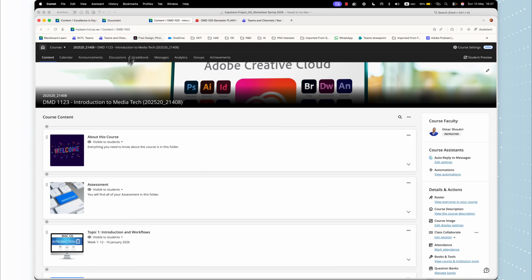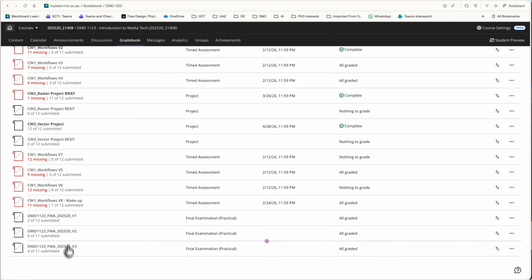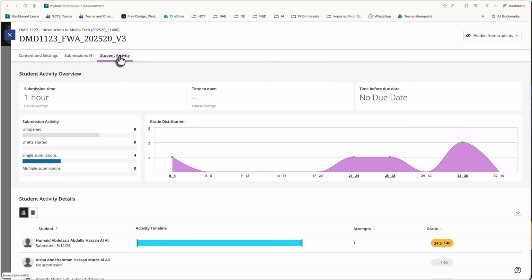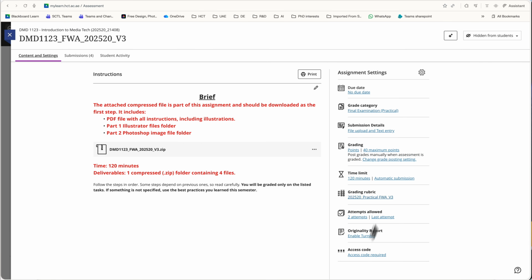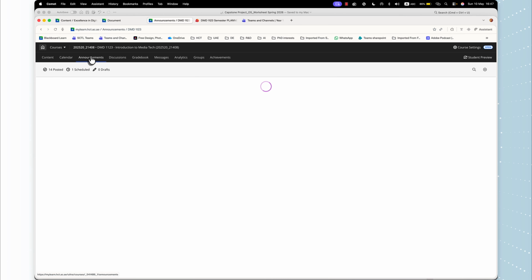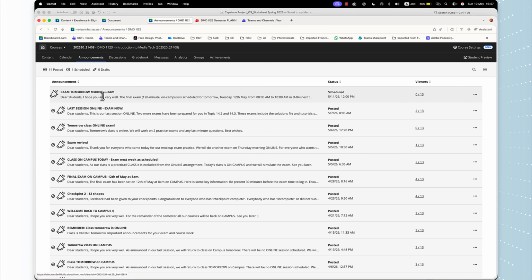The discussions or the gradebook is also basically being organized here, where I have the different courseworks being graded here and the final exam here as well. And I have a lot of discussion boards and a lot of announcements for each of the weeks.